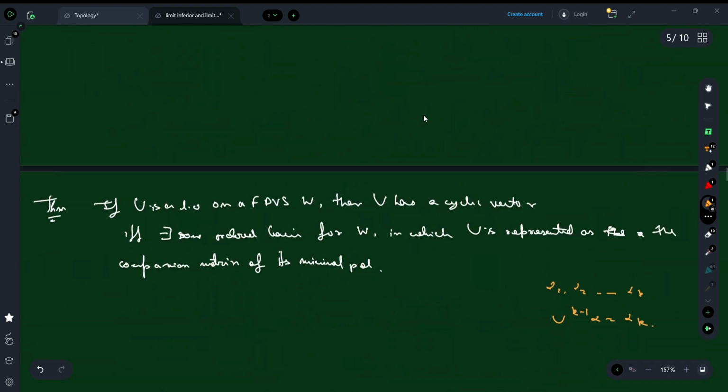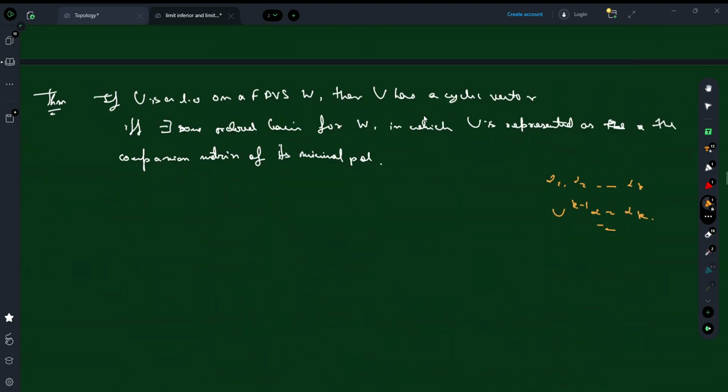This is what we did. Right? So therefore, if U has a cyclic vector, then U can be represented, this is trivial from the observation we just had, as the companion matrix of its minimal polynomial.